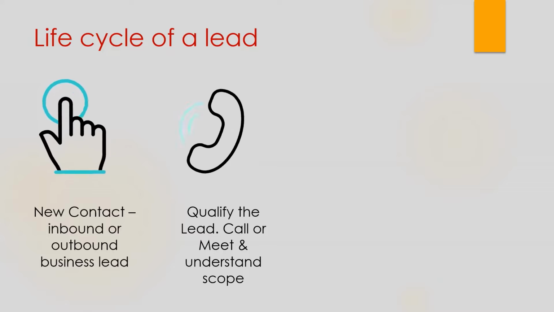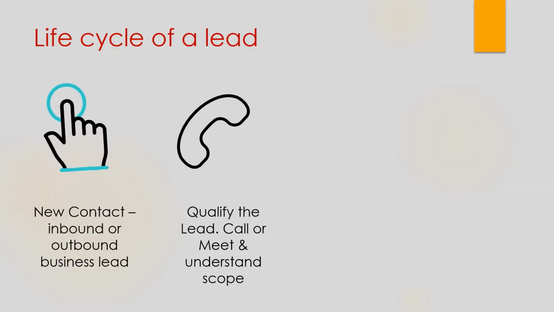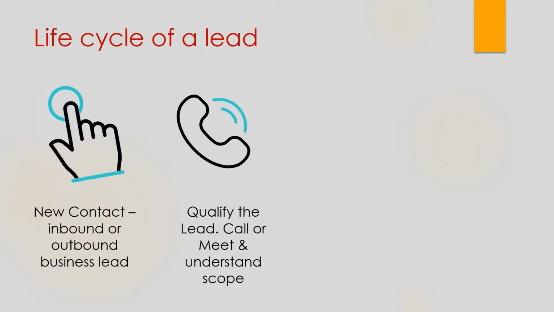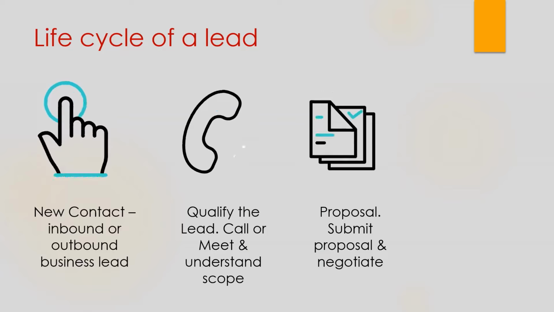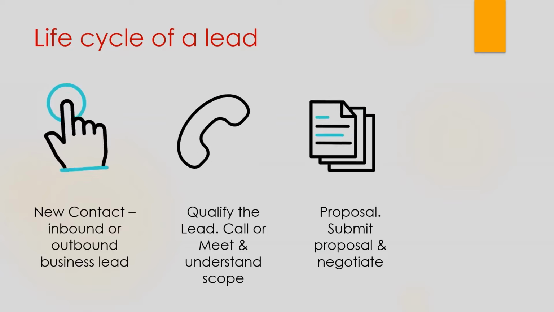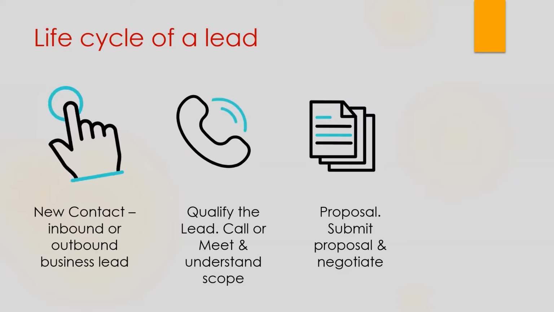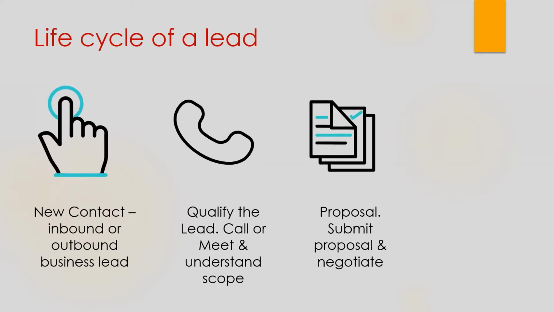And once you've qualified a lead, if the lead is something that you should work upon, if it qualifies and meets the criteria, then you move on to the proposal stage where you create a proposal, you understand how much you should quote for, you define the entire scope of work, and you submit a proposal, and there may or may not be a negotiation stage.